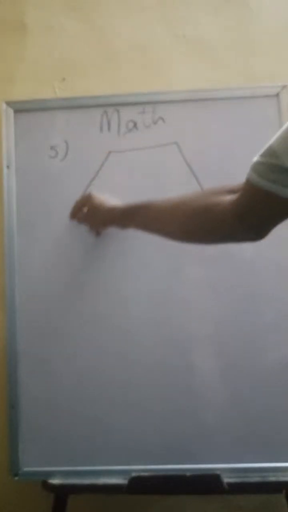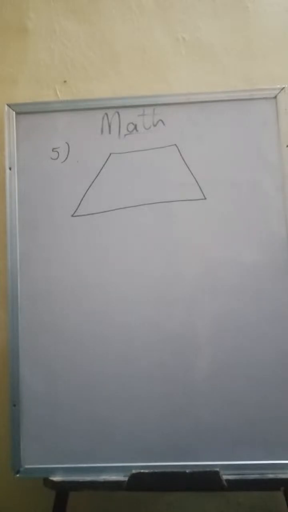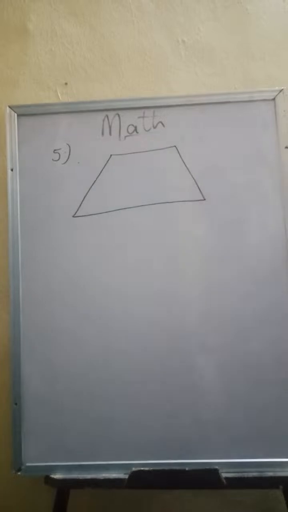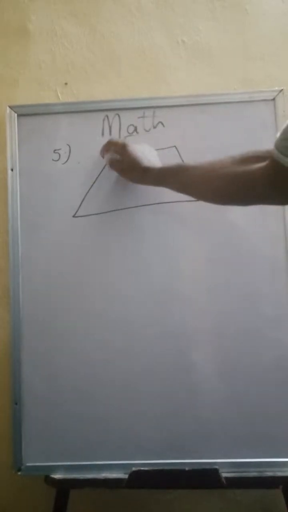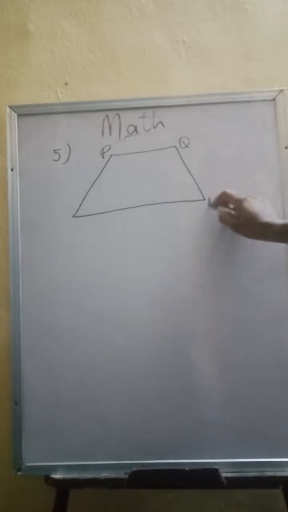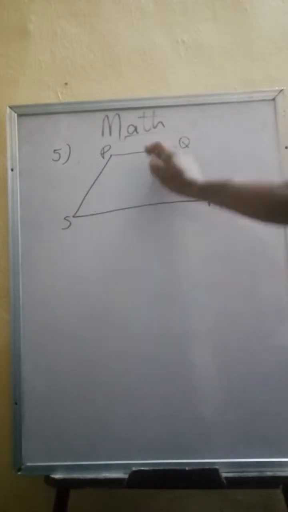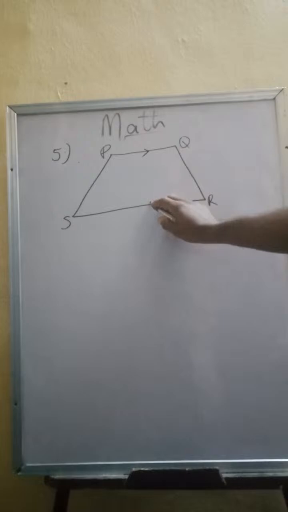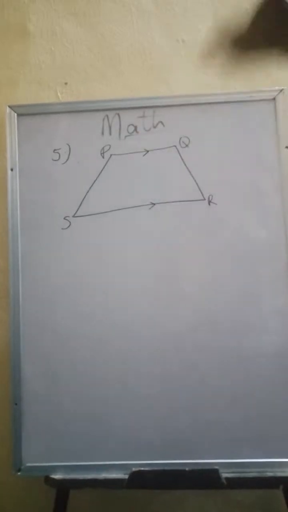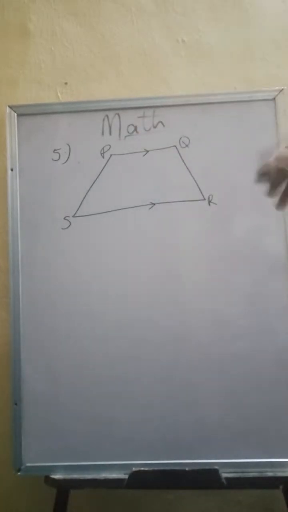Okay, so here's how your trapezium will look. Now we're told it's a trapezium PQRS. So permit me to call this P, Q, R, and then S. And obviously in a trapezium, the top and bottom are parallel, always parallel.